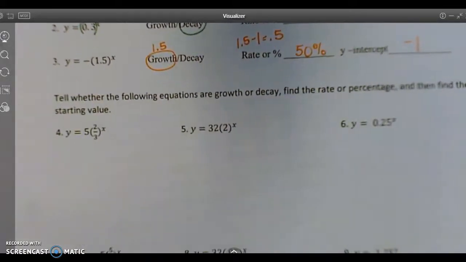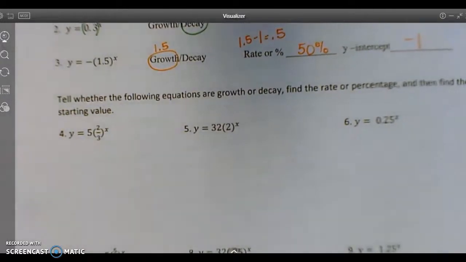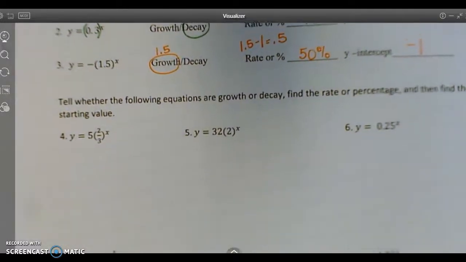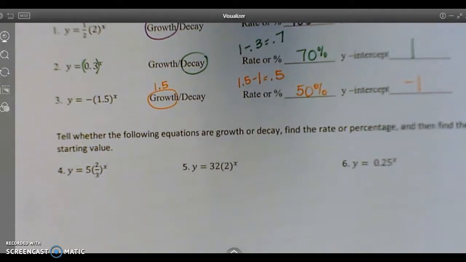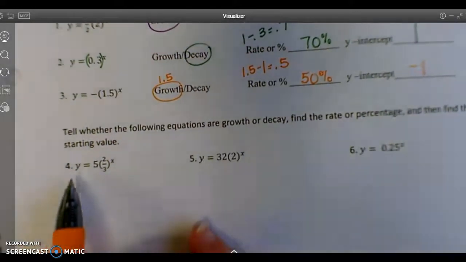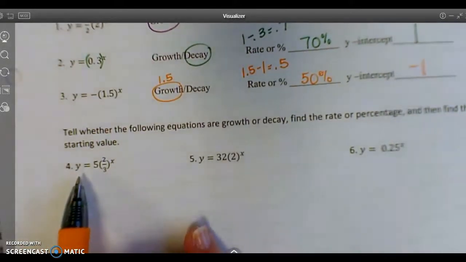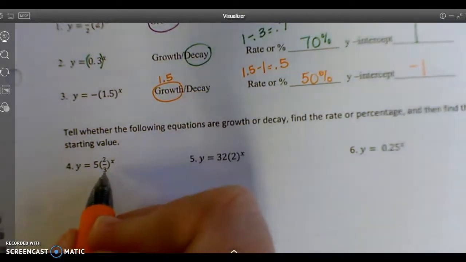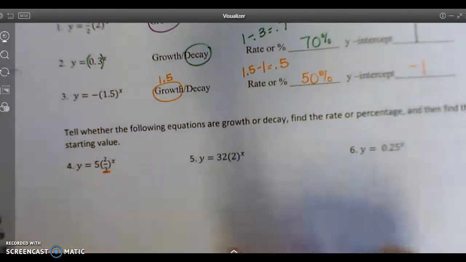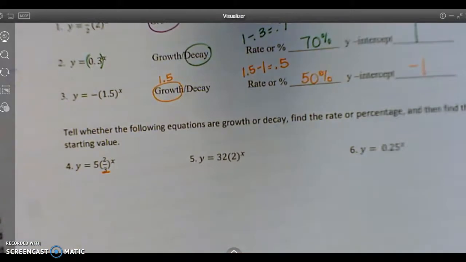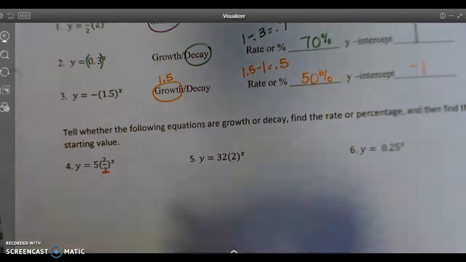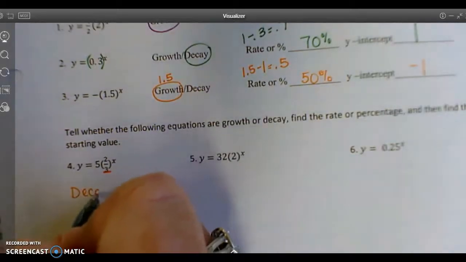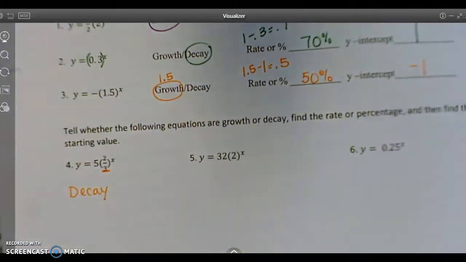Now there's a few problems down here, so let's look at them. A couple of them are kind of different just because they have decimals or fractions. So especially I want to look at number 4. The number in the middle, that 2/3. That tells me about growth and decay. 2/3 is less than 1. So I know it's decay. I'm going to subtract the 2/3 from 1.